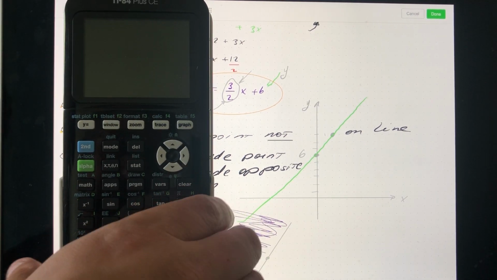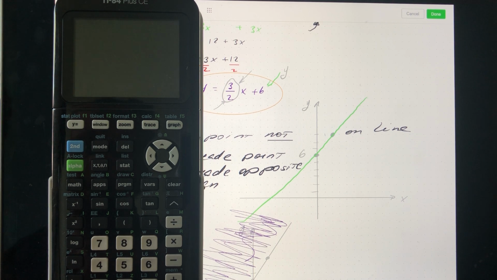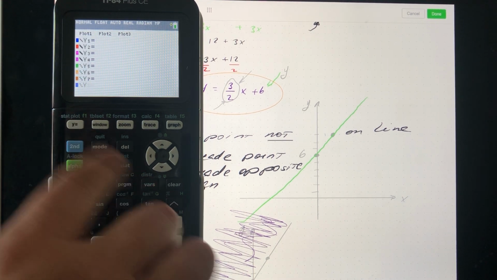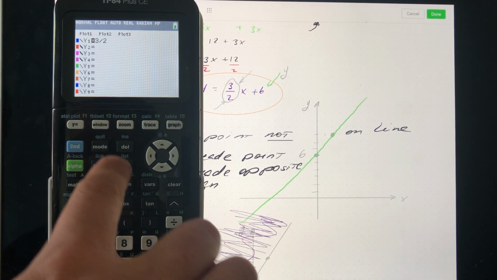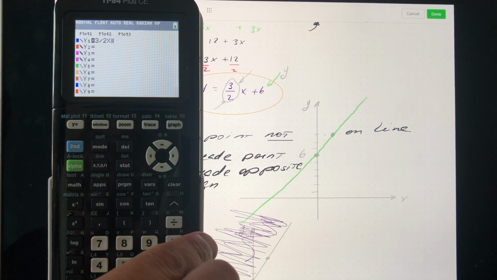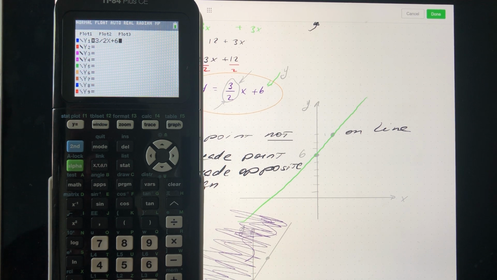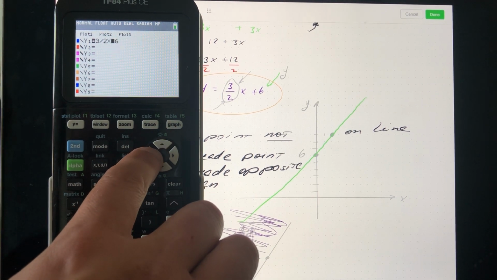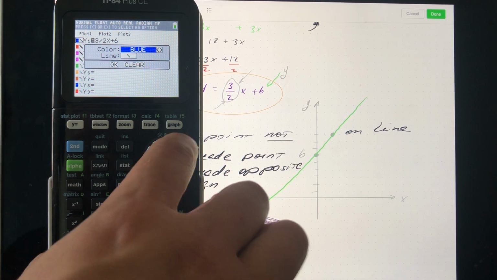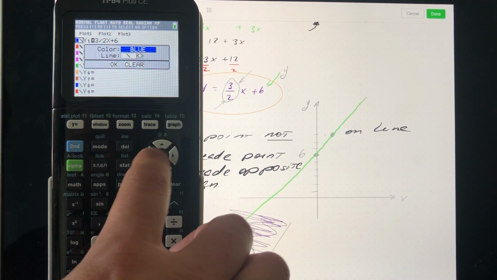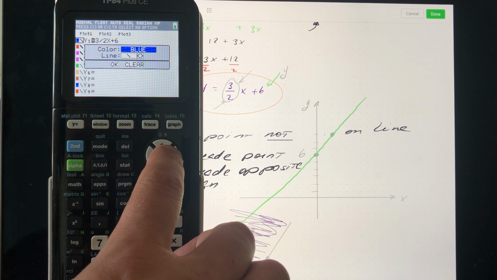In the y equals, we type in the equation just the way it is, 3/2 x plus 6. And instead of the equal sign, let's come up to the very left side using the cursor, and then adjust it into the greater than or equal to.